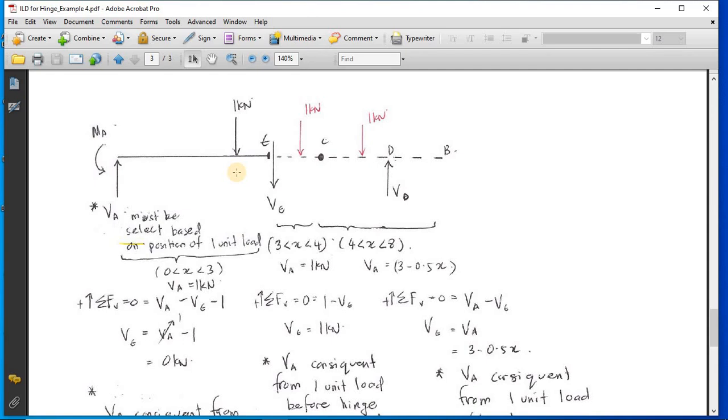Due to the hinge in the beam, the situation becomes a bit tricky and complex. Never mind, just look at this particular solution.